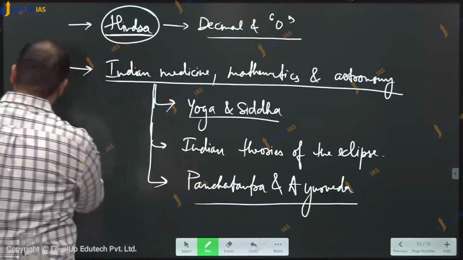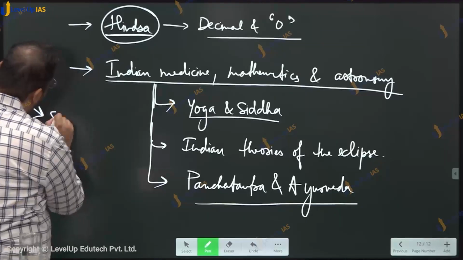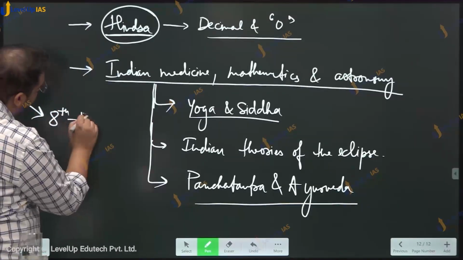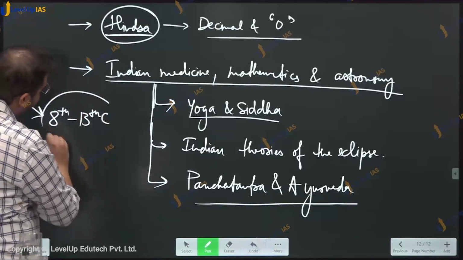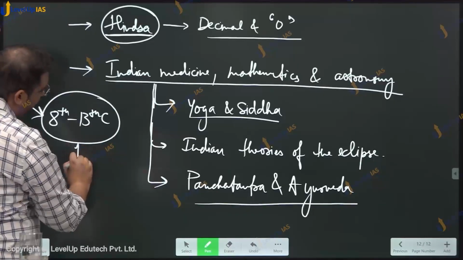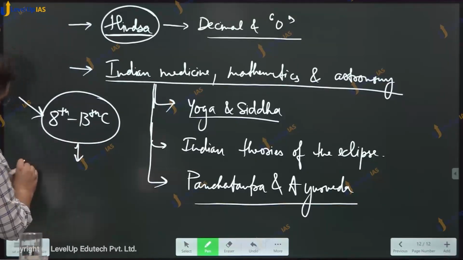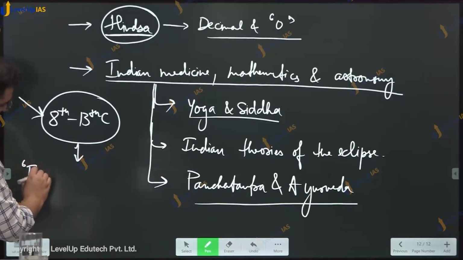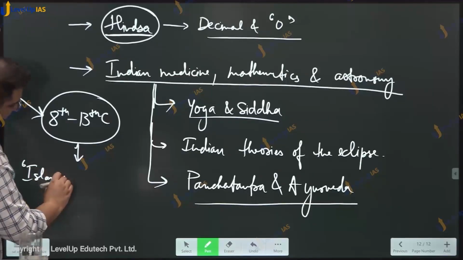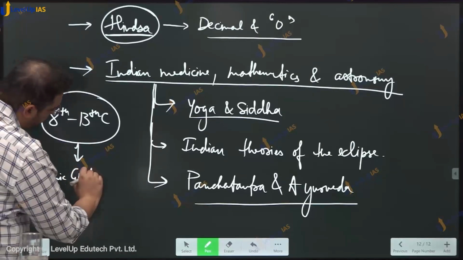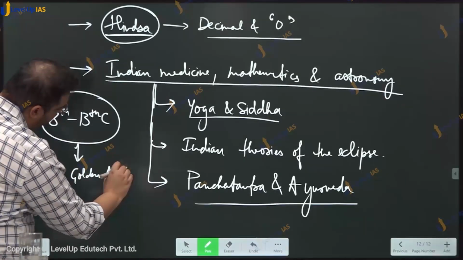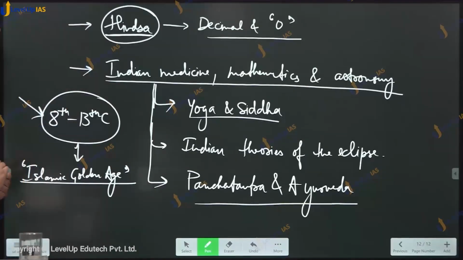And between the 8th to the 13th century, as a result of this, what is known as the Islamic Golden Age took place.